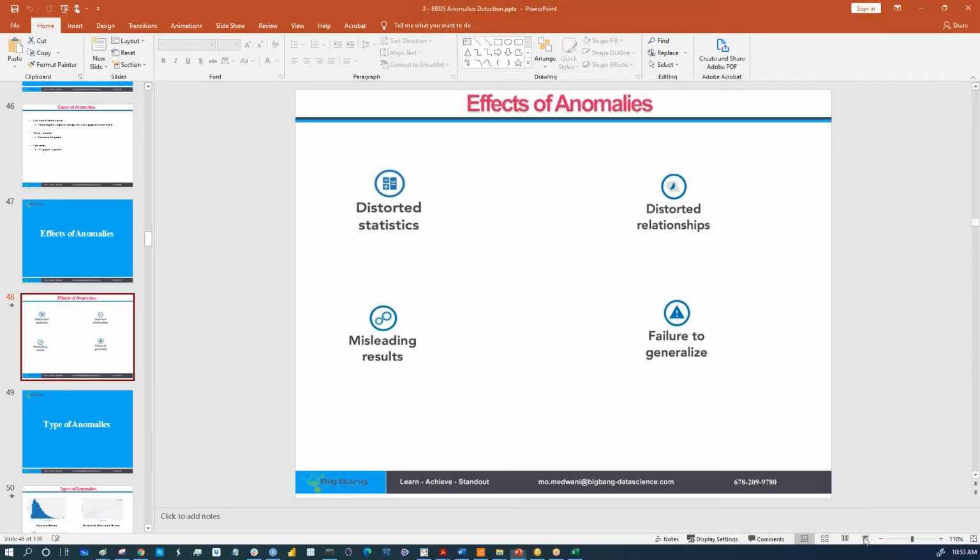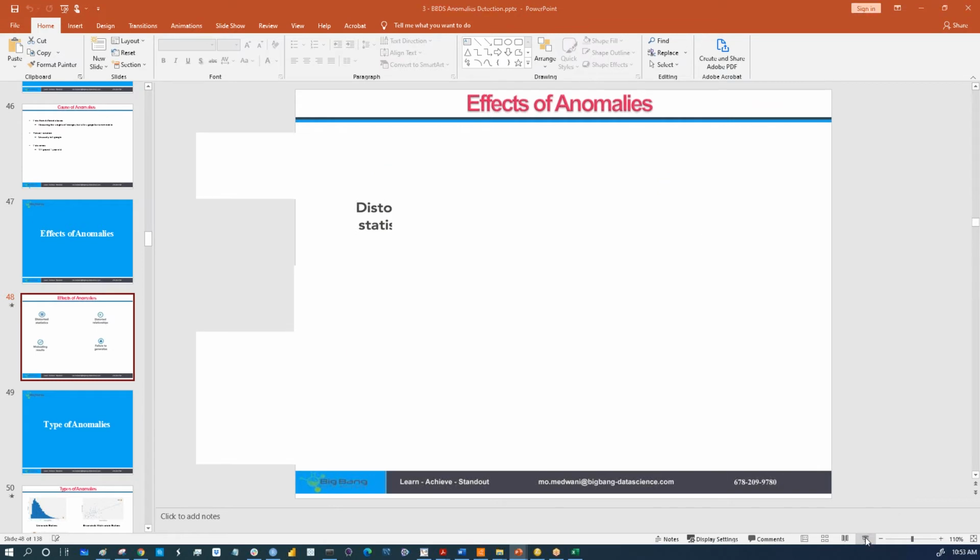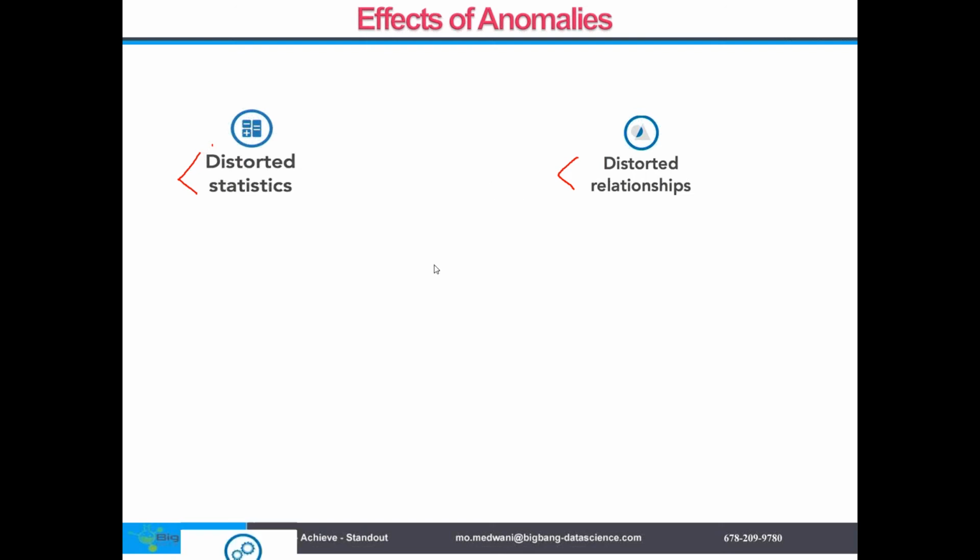A few things that you need to be aware of. If you have an outlier in your data and you did not handle it properly, it could be one or multiple outliers, they will definitely distort your statistics. The position of your data could be misleading, and it could distort the relationship between your data elements.